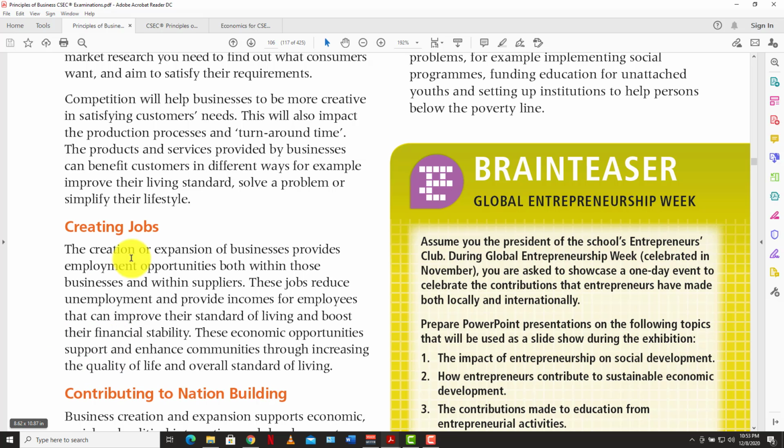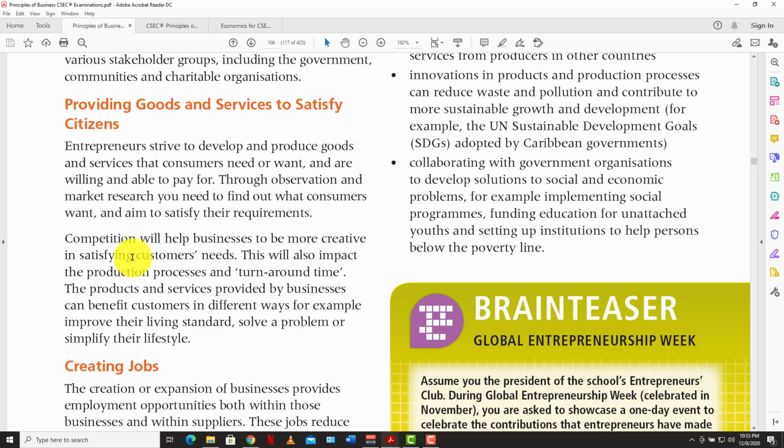Then of course you have businesses offering a wider variety of goods and services that can satisfy the citizens. So that's the next way in which businesses contribute to the social and economic development of a country. They provide a wider range of opportunities, goods, and services that would satisfy the population of that country.